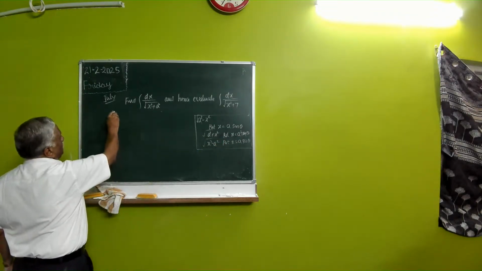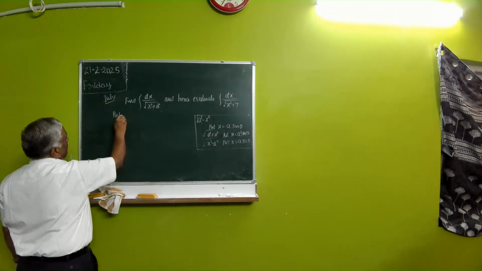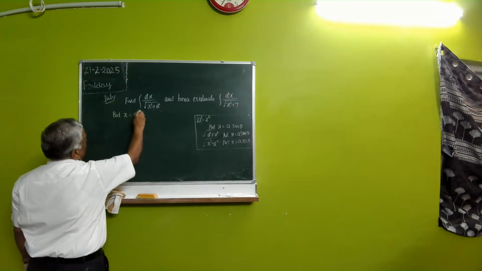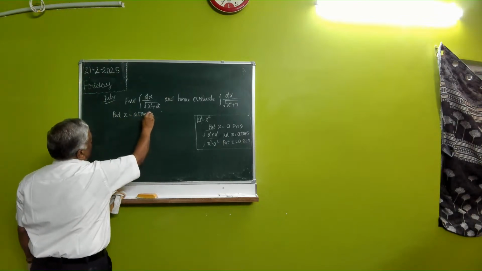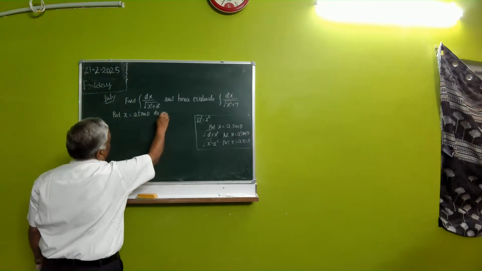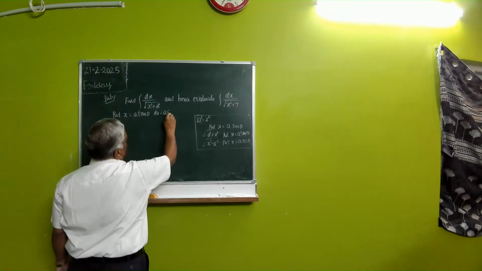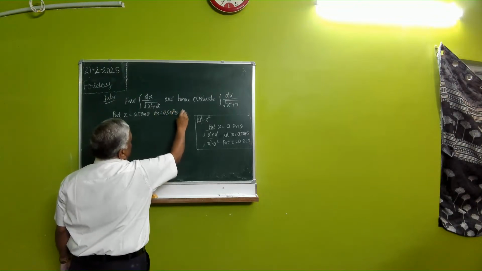Put x is equal to a tan theta. What is dx going to be? a secant square theta d theta.